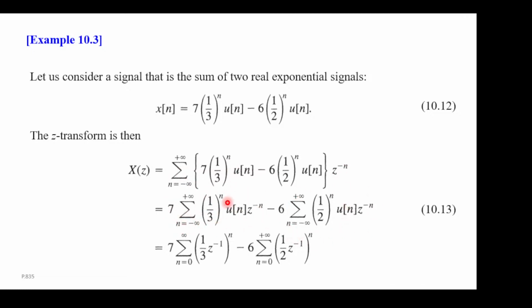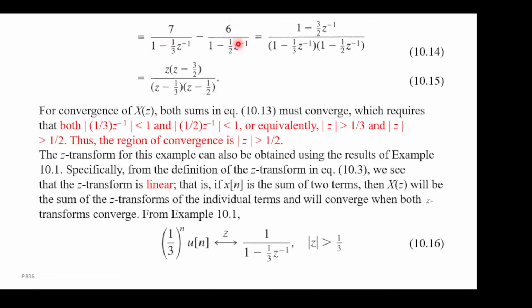So 7 times the summation of 1 over 3 z to the minus 1 to the n, minus 6 times the summation of 1 over 2 z to the minus 1 to the n. Then you can do those two things separately as geometric series, and you get this familiar form: 7 over 1 minus 1 over 3 z to the minus 1, minus 6 over 1 minus 1 over 2 z to the minus 1.